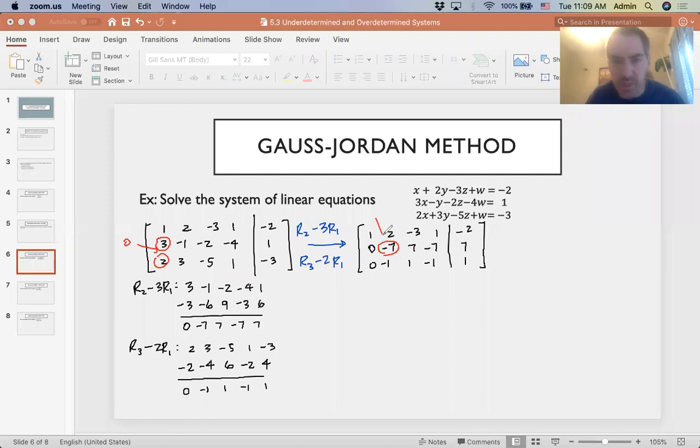So we want this to be a 1. We can do that by multiplying by the multiplicative inverse, negative 1/7 times row 2. So that would be 0, 1, negative 1, 1, negative 1.